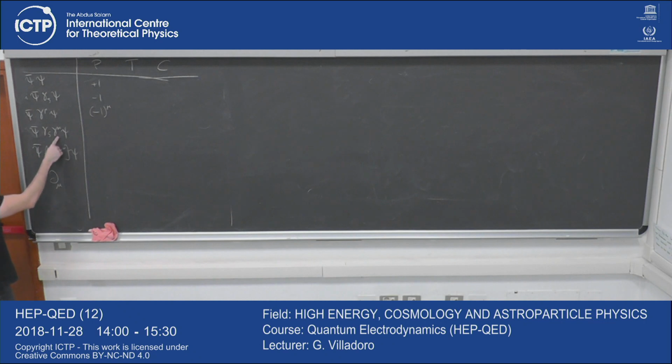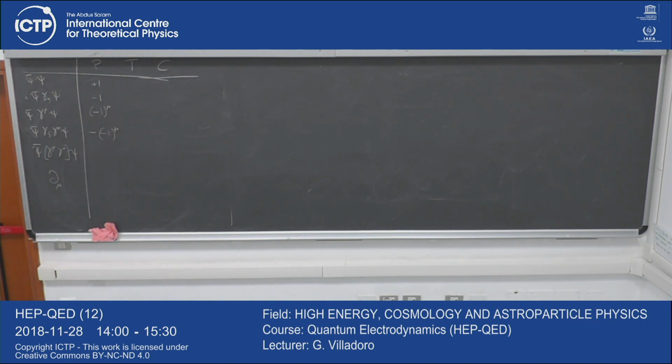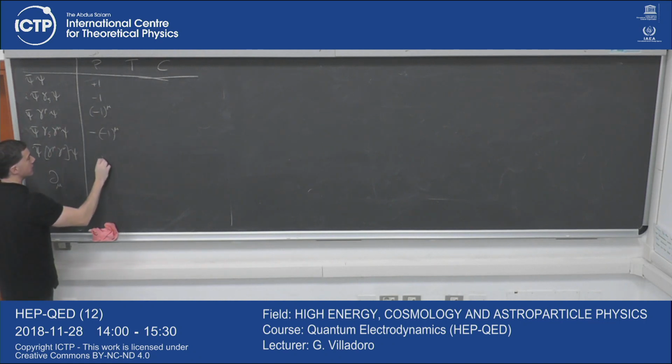What about this? Well, there is an extra gamma five, so we get an extra minus times the vector. And what about this? Well, for each gamma mu, when you encounter gamma 0, you get a minus 1 to the mu, so you get minus 1 to the mu, minus 1 to the nu.